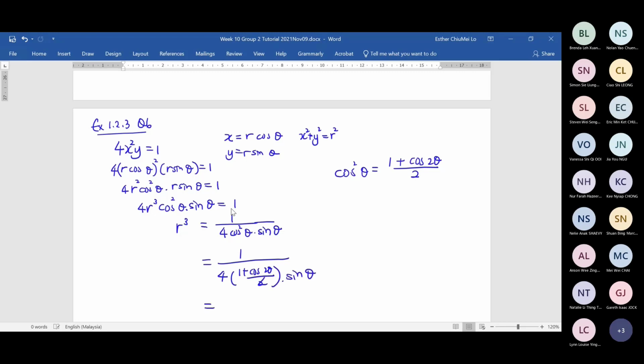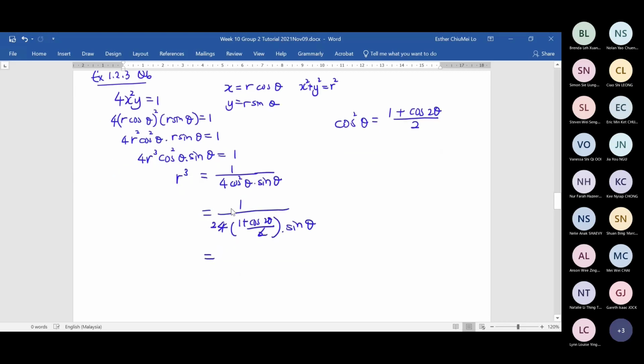So 2, 2, 2, 4. So you got 1 over, 2 plus, this one multiply in first. Be careful with this, it is multiply. So 2 plus 2 cos theta, and then plus the whole thing, you multiply sin theta. Am I right? Okay, don't worry. And then how do we simplify it?